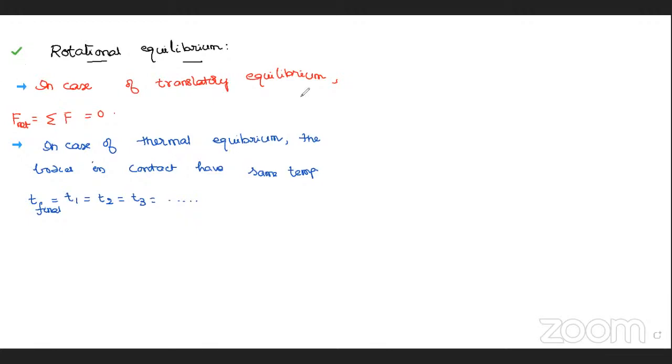And coming to our class today, this is rotational equilibrium. In rotational equilibrium, the torques acting on a body balance, that is, net torque equals 0. The three equilibria relate to force, temperature, and torque, which you learn in first year.